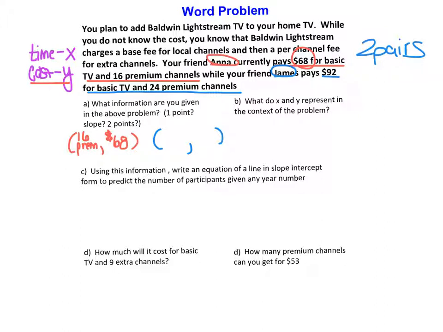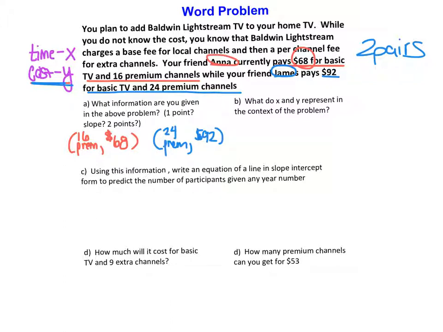Now if I move on to James, I want to create that point in the exact same way. So my cost always goes in for y, so I have $92. And then I pay for 24 premium channels. So I've taken those two pairs of information and I've paired them up into points with cost as my y variable.